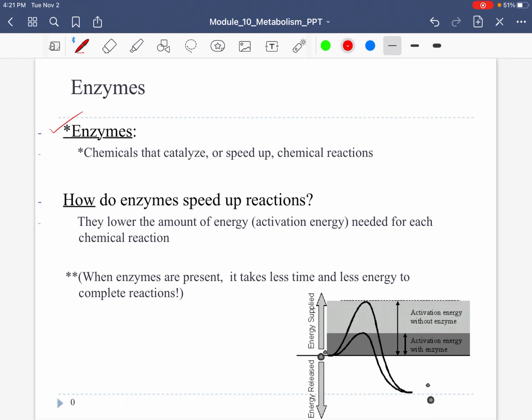If we're talking about chemical digestion, the enzyme itself isn't necessarily doing the chemical breakdown. It speeds it up. And all the chemical reactions in our body, all of them, utilize enzymes. They speed up chemical reactions. How do they do it? You can see that I don't have a star beside this, so you don't need to know the specifics of how.